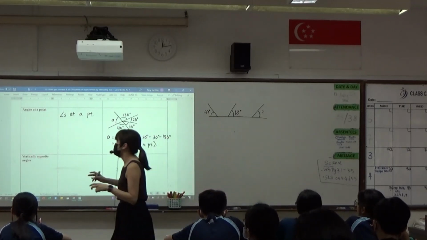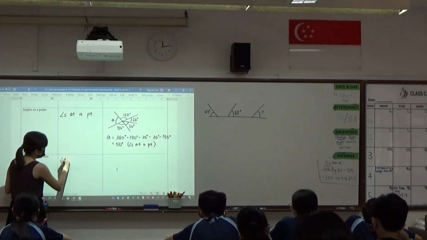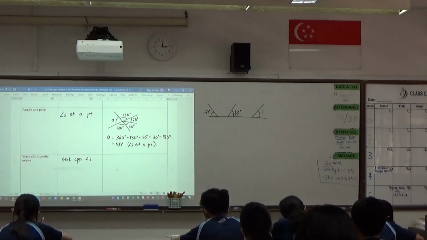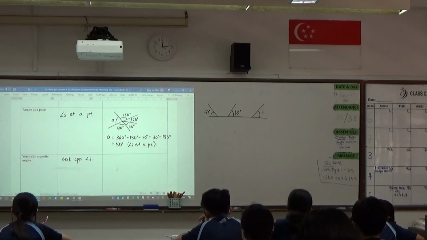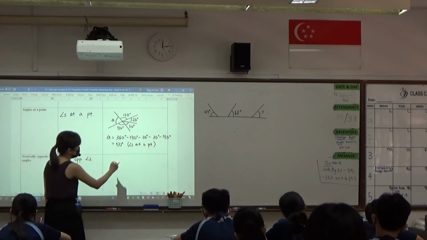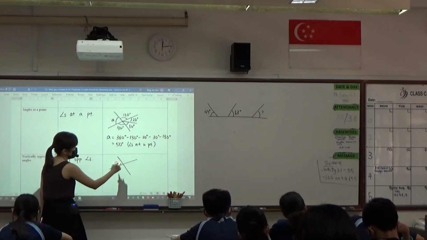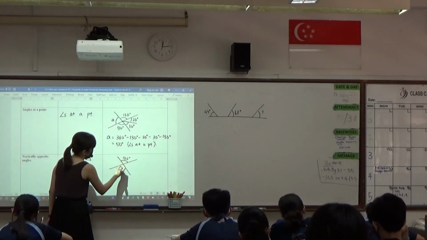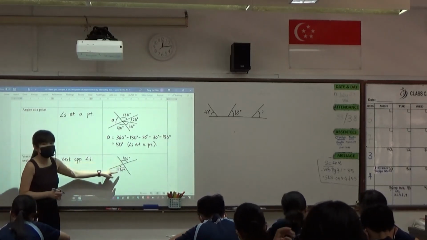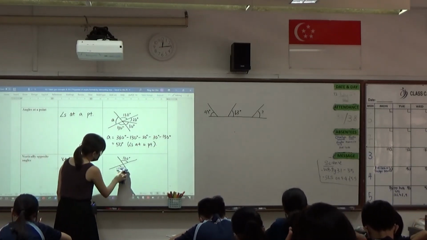So then there is this other property, vertically opposite angles. The short form is vert. opp. angles. If I have straight lines like this, and I tell you that this is 130 degrees, this is 130 degrees, they are actually equal to each other.